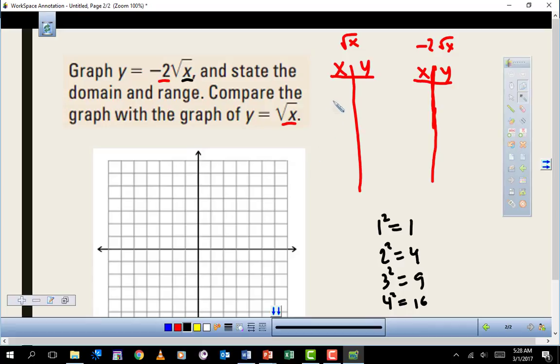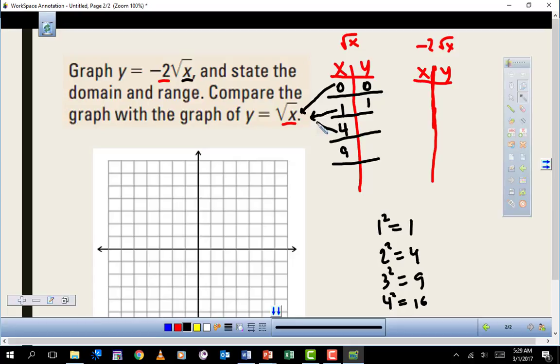So the choices for my numbers might be 0, 1, I think what I'll do is choose 4 and then 9. Because when I put 0 in here, the square root of 0, of course, is 0. When I put 1 in here, the square root of 1 is 1.